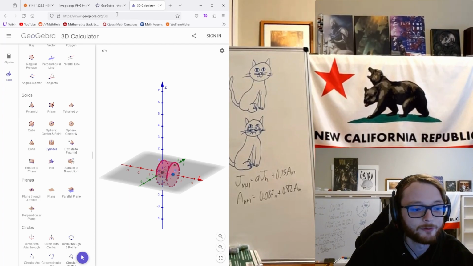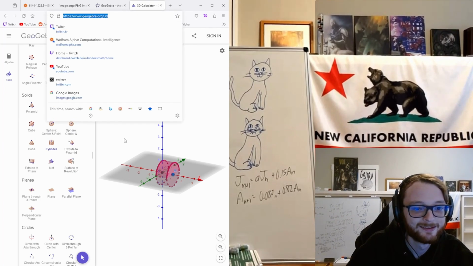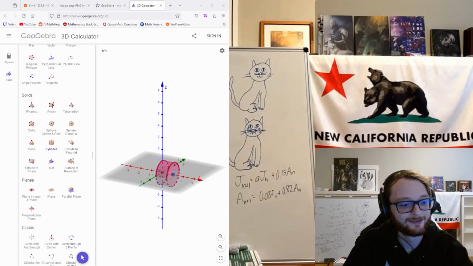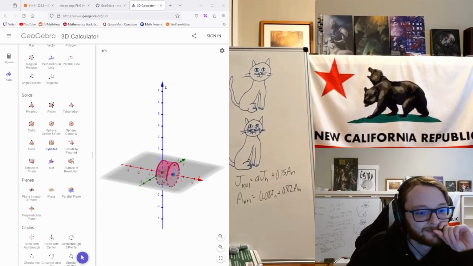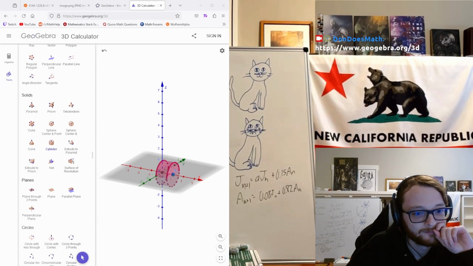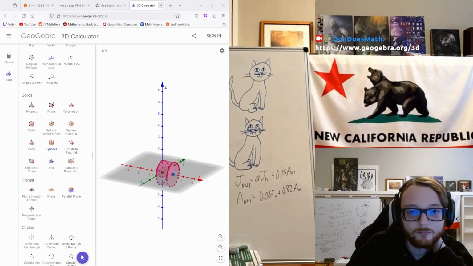GeoGebra is what I would tell you, Niram. I'm not the expert in using GeoGebra, but it's probably going to be the easiest one. It's like you make 2 points to make the height of the cylinder, and then you manually enter in the radius. Awesome. Glad to help.